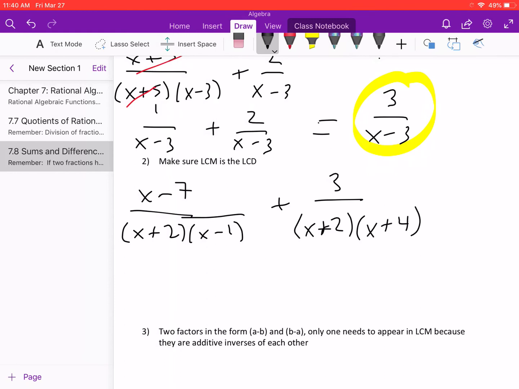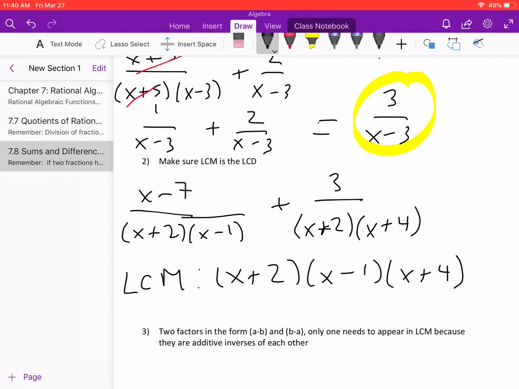Notice I need to follow the rule I did in our practice problem to make our least common multiple the least common denominator. And in this case, my LCM will become (x plus 2) times (x minus 1) times (x plus 4).